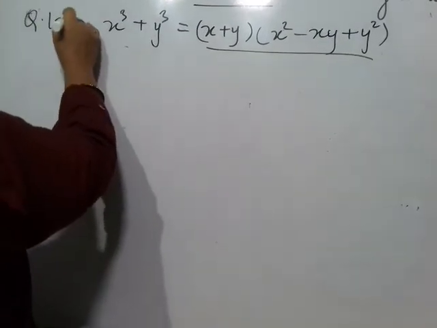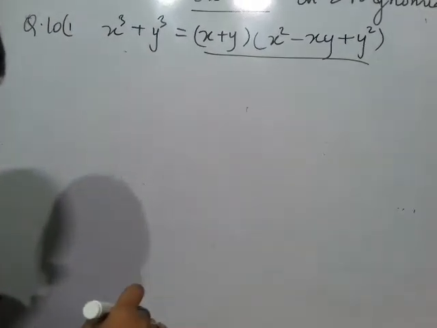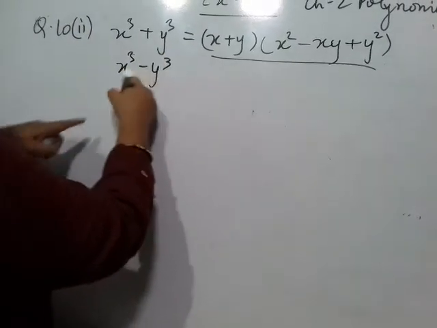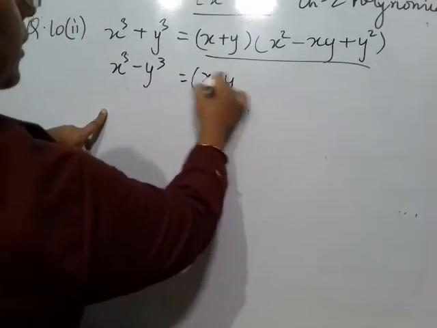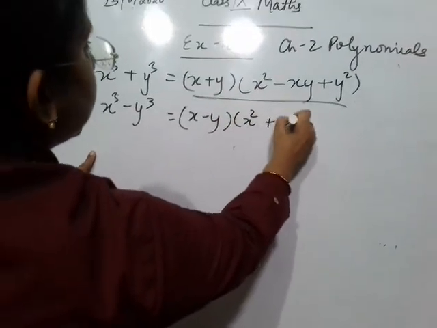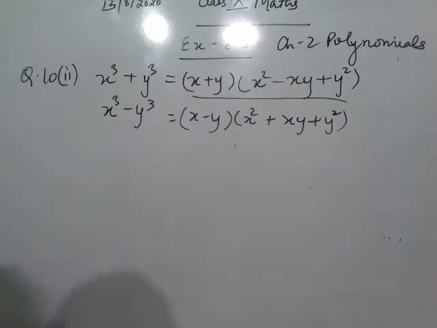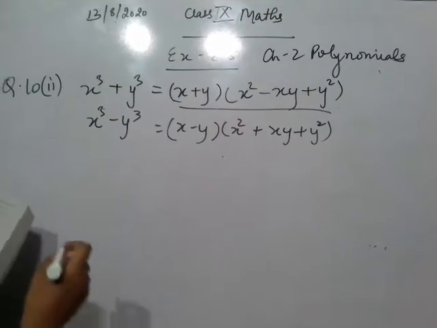Let us do the second part. For this the identity changes: x cube minus y cube is (x minus y)(x square plus xy plus y square). This is the other identity that you need to prove in the 9th question, second part.